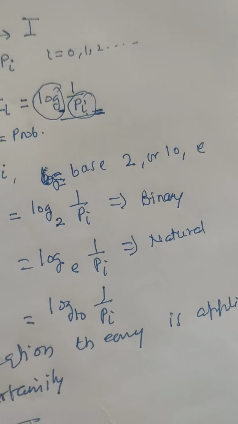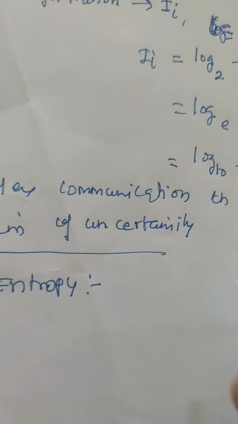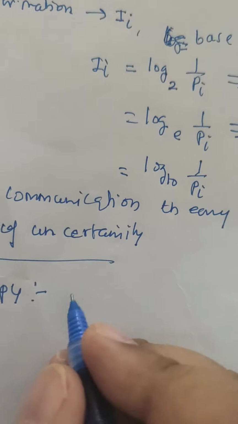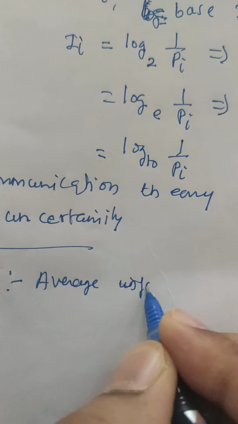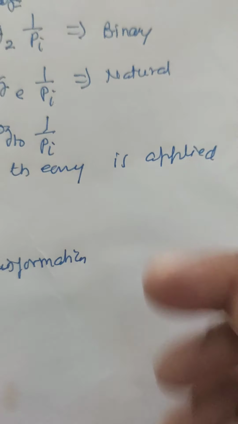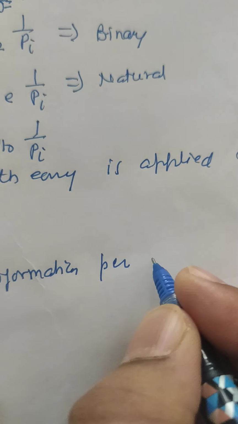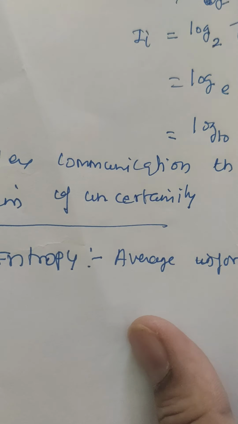So we can write that entropy is the average information per message.